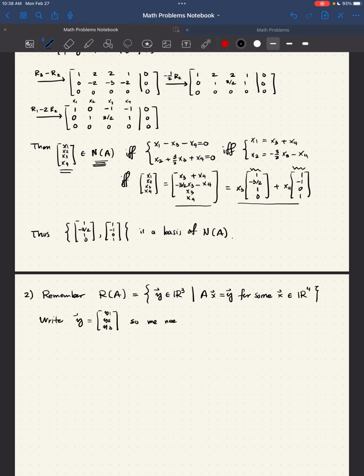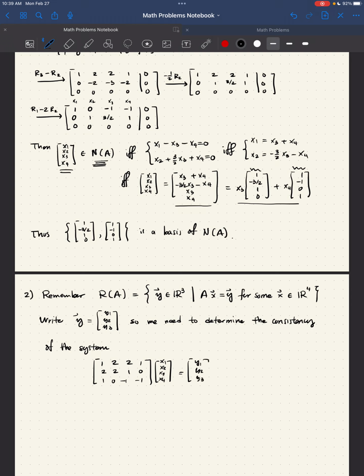So we need to determine the consistency of the system defined by this matrix, 1, 2, 2, 1, 2, 2, 1, 0, 1, 0, -1, -1, times x1, x2, x3, x4, equal to y1, y2, y3.